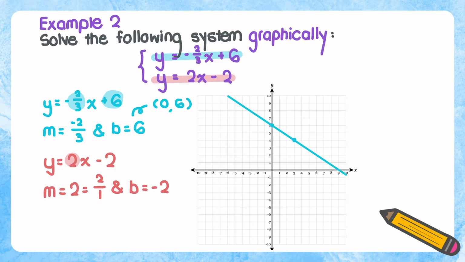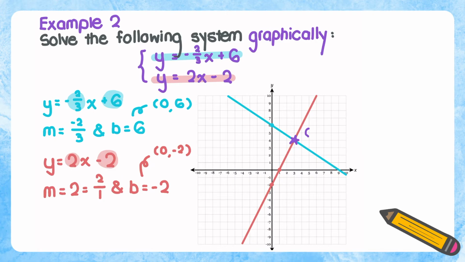Since my b value equals negative 2, I know that my y-intercept is the point (0, negative 2). So I can graph this by finding the y-intercept at (0, negative 2). And then I move up 2 and then right 1. I now have my second line, and these two lines intersect at this point right here.